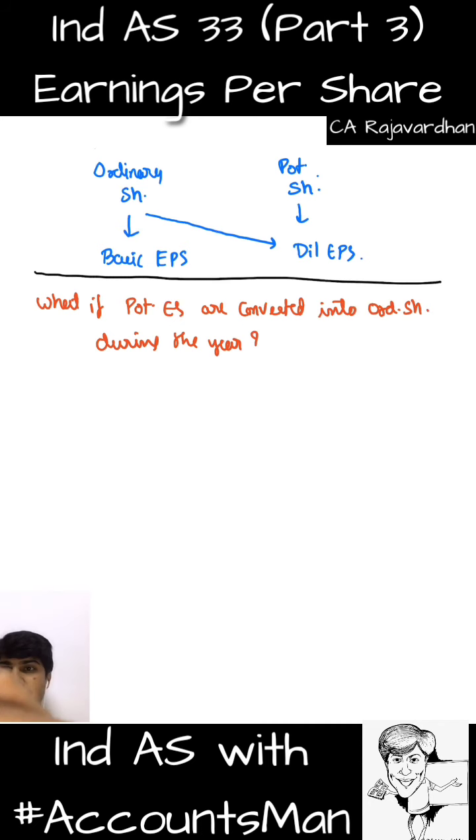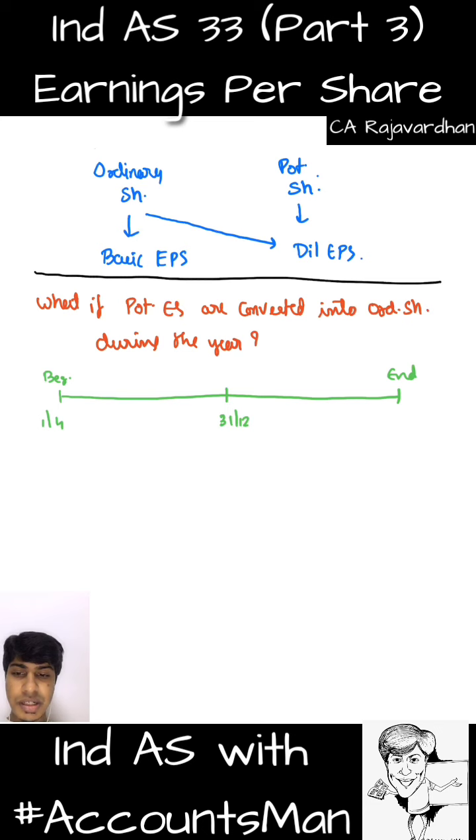You got it? So let me write this. Okay, this is a year timeline. Beginning, end. I'll write the dates also. 1st of April 2019 and 31st of March 2020. If you want it month-wise, I can write it here.